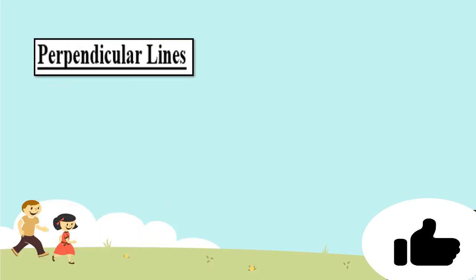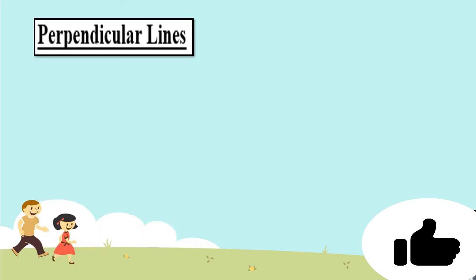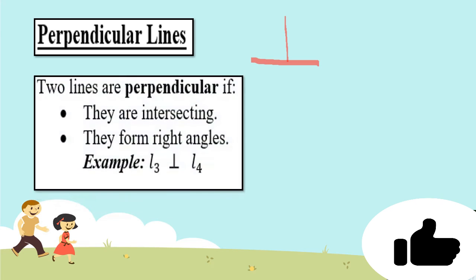Okay, go on to perpendicular lines. What will be the symbol for perpendicular lines? The symbol for perpendicular lines is this one. A straight line, then another line, something that looks like T. Two lines are perpendicular if they are intersecting.